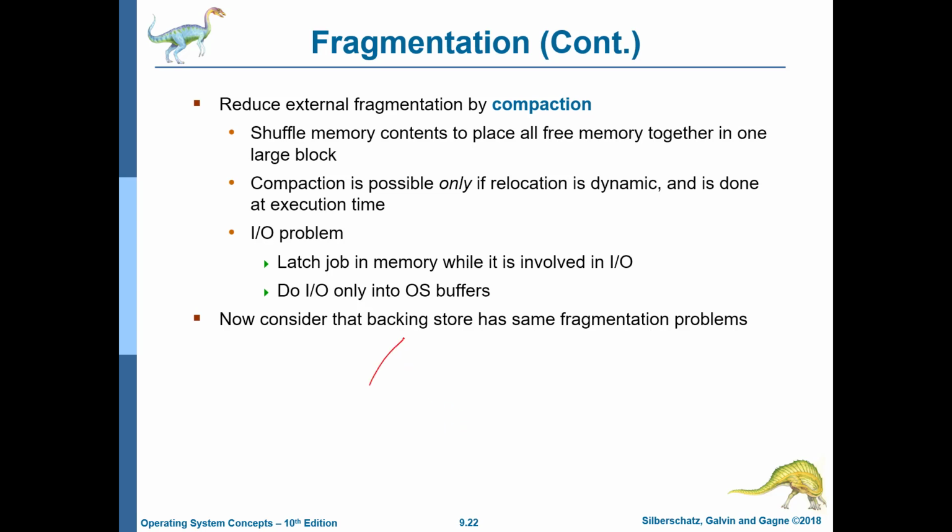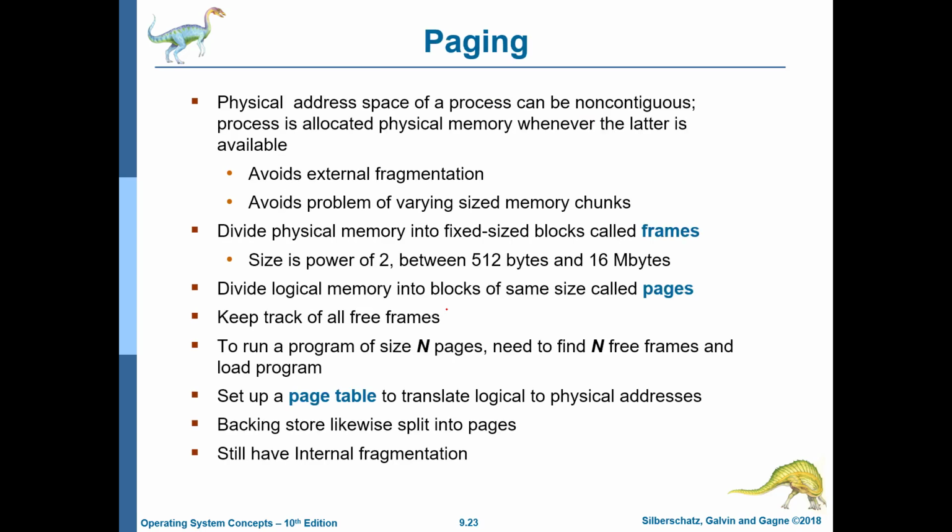So even the hard disk will have similar problems if we decide to allocate hard disk blocks in this fashion. Consequently, this base limit based idea has not really survived the test of time. What has survived is something called paging, which completely avoids external fragmentation. There could be internal fragmentation though, but that's not much of a concern.